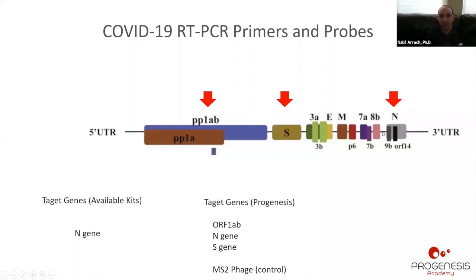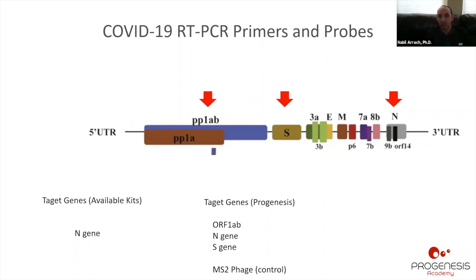on different genes, right? So you have to pay attention to what your test is covering as far as genome. The reason behind that is that if you happen to have mutations, and I spoke last time about the genetic diversity of the virus, up to date we have seen more than 229 mutations in the coronavirus genome.